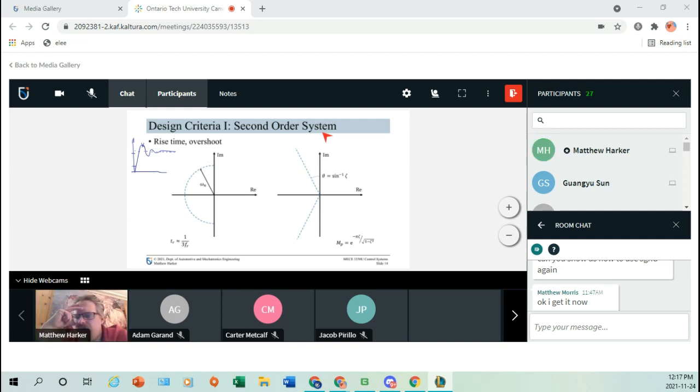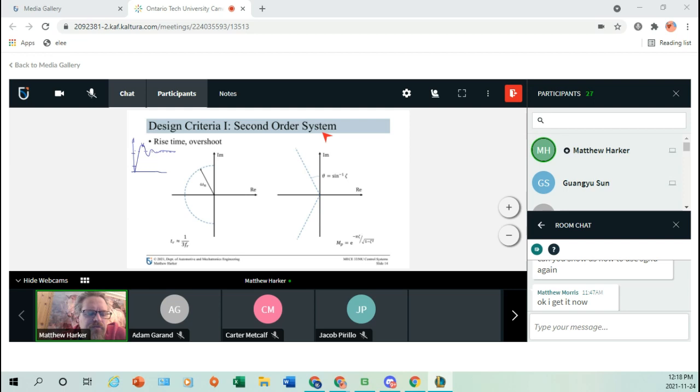But if we're looking at designing a general system, we'd say we have two dominant poles that are going to determine our transient behavior, right? So we'd say this is approximate damping and approximate natural frequency, or pseudo damping and pseudo natural frequency.